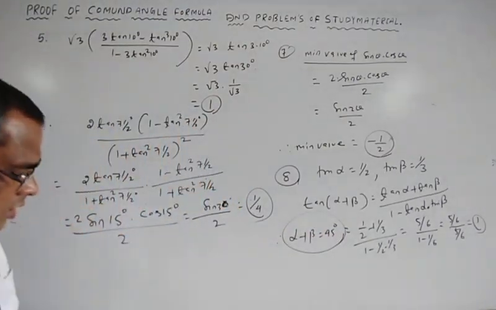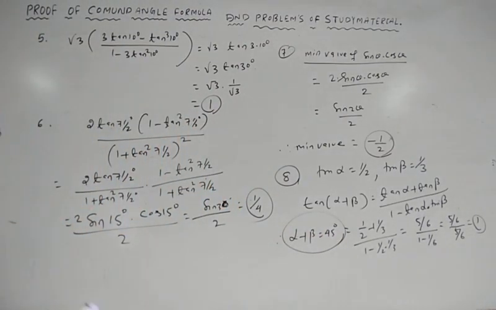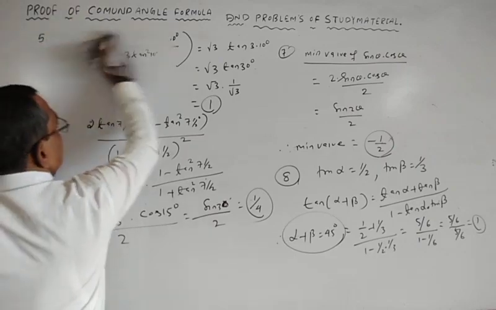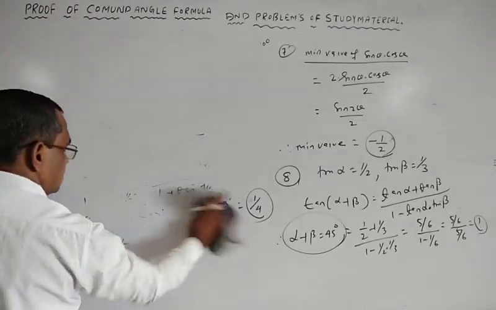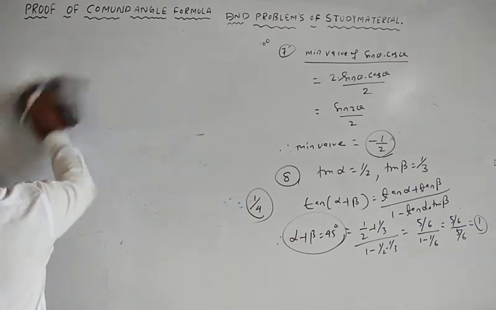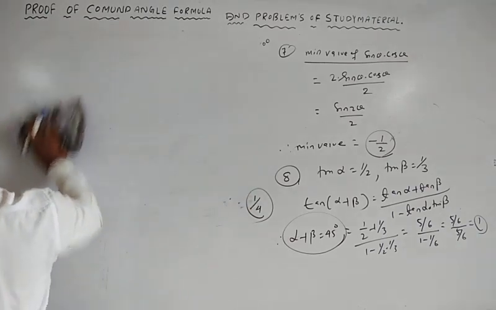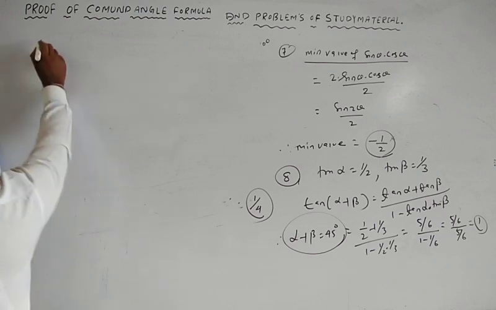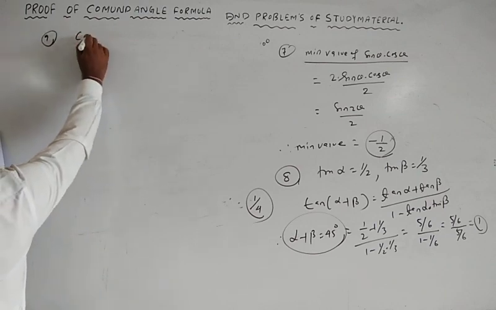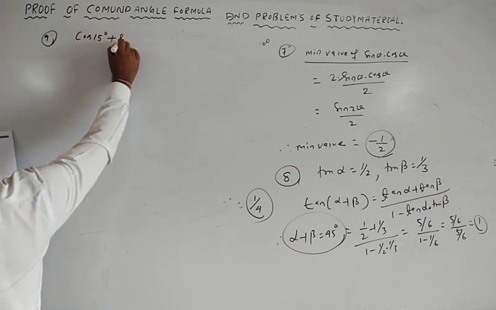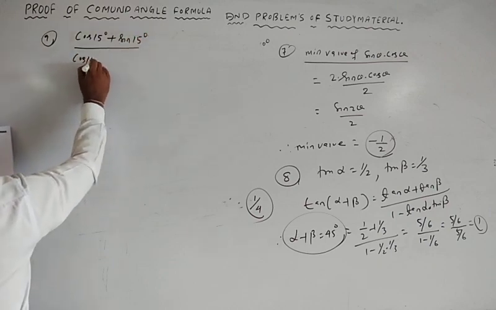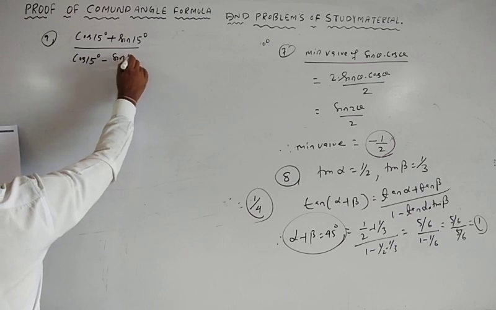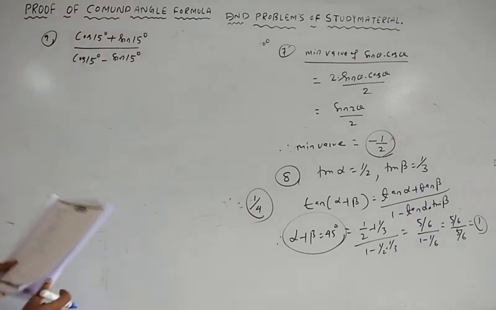Okay. Next, number 9. What is number 9? The value of cos 15 degree plus sin 15 degree by cos 15 degree minus sin 15 degree is dash.